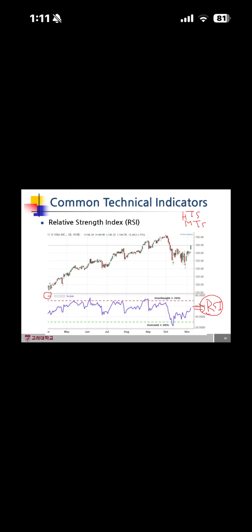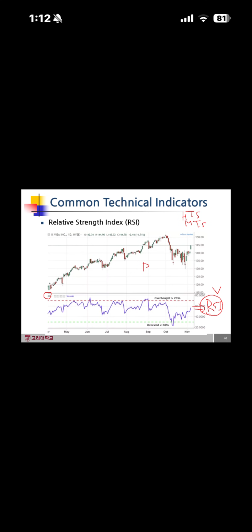You can choose the RSI option and it will display these values. So here is the price movement and below is the RSI indicator.